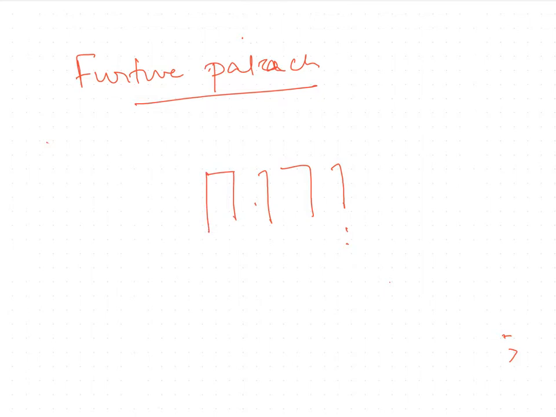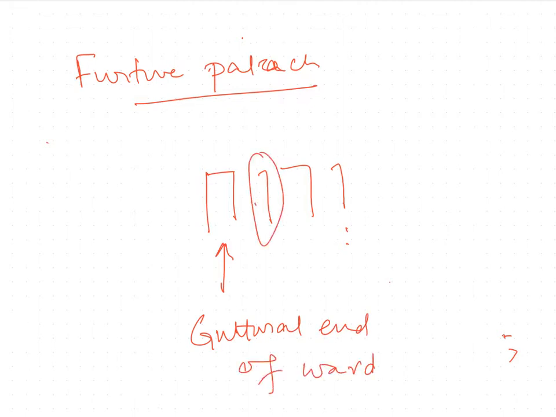When one of the gutturals occurs at the end of the word, and is preceded by a long vowel. Is this a long vowel? Yes, it is a long vowel. It is preceded by a long vowel not of the A class, because you see gutturals like the A class sound, but this is not of the A class.